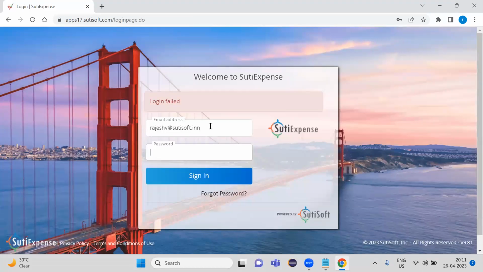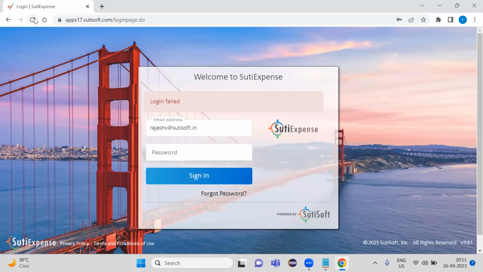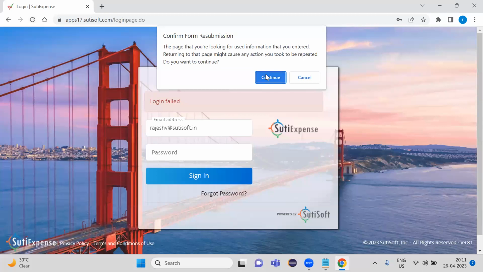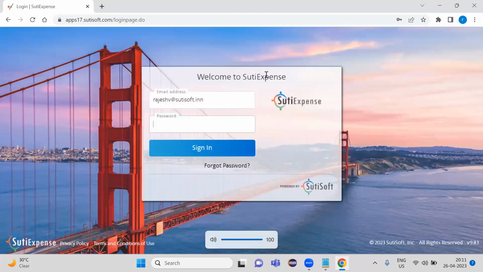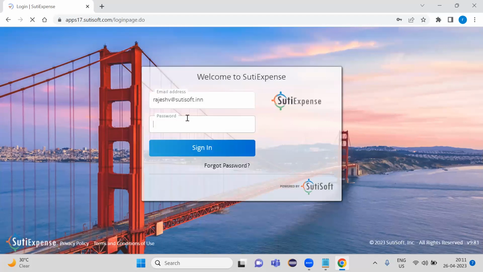These are the negative scenarios. What are the positive scenarios? We have to give correct things, both valid inputs.